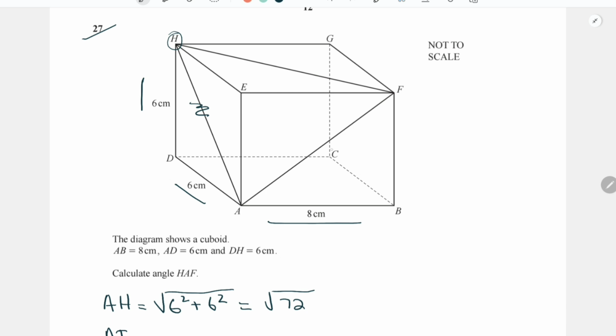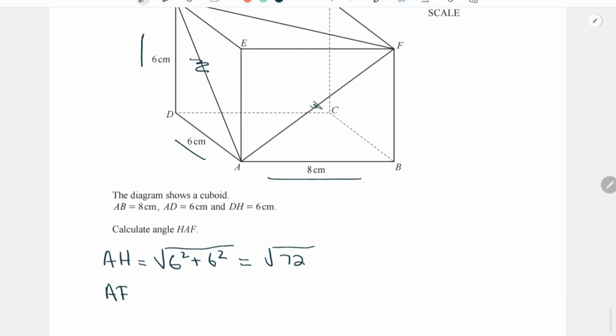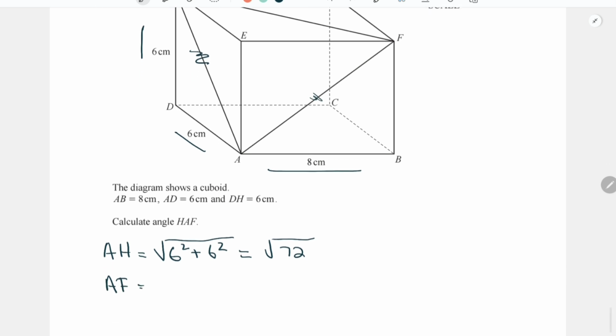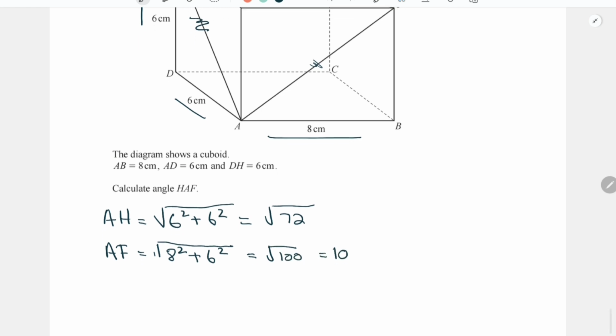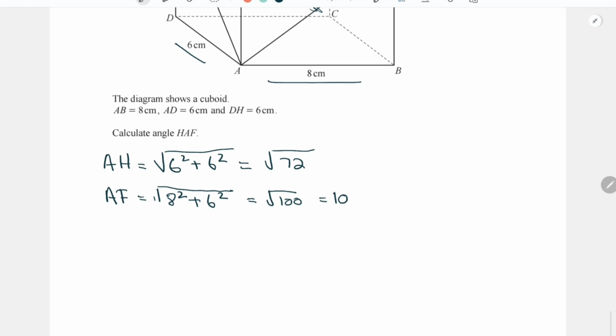Now we calculate the AF, means this line. So AF equals 8 square plus 6 square, that means 8 square is 64, and 6 square is 36, root 100 equals 10, right?